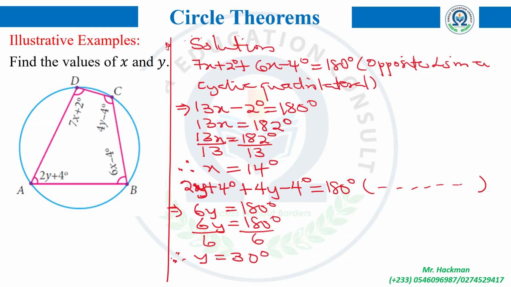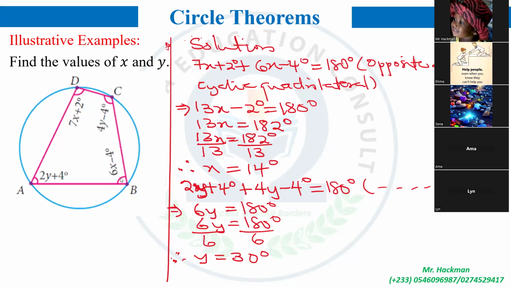We said opposite angles of any cyclic quadrilateral must be supplementary, must add up to 180 degrees. So in this case, remember you were asked to find the values of x and y. If I add these two angles, I should get what? 180. So it means 7x plus 2 degrees plus 6x minus 4 degrees.